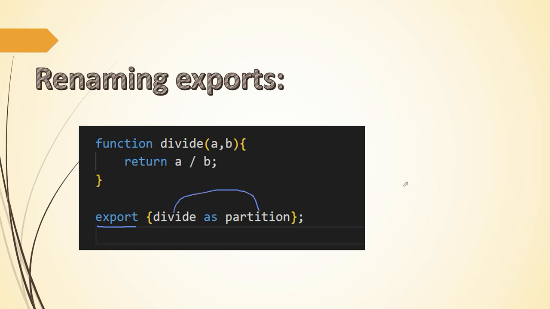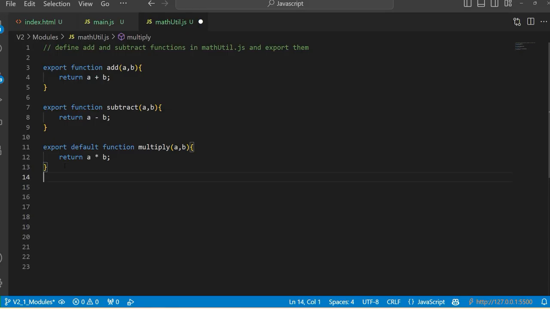So when you are trying to import, you can just say import partition. Divide function in math.util. I want to remove the export here. Instead, keep the export at the end. And as I don't want to export it as it is, I am specifying the alias as partition.